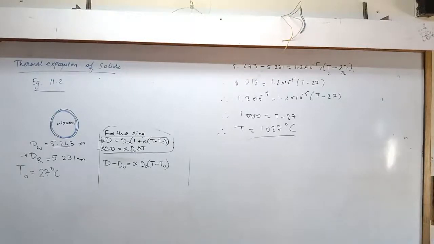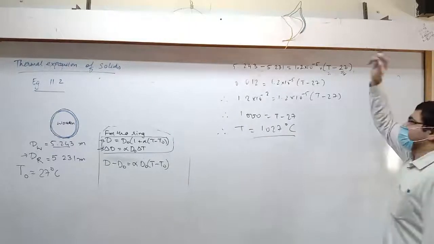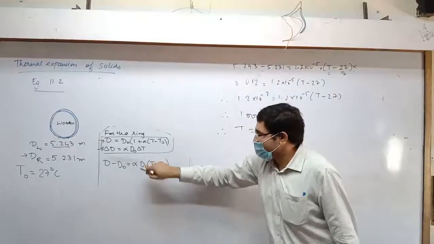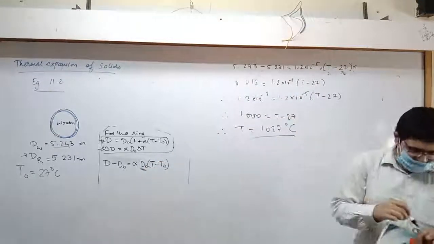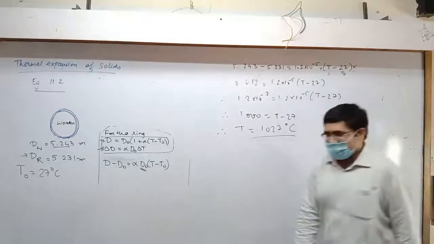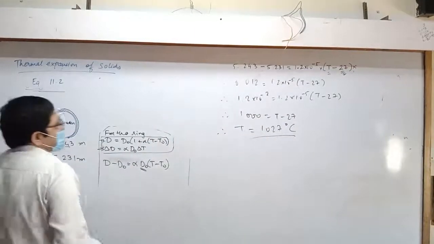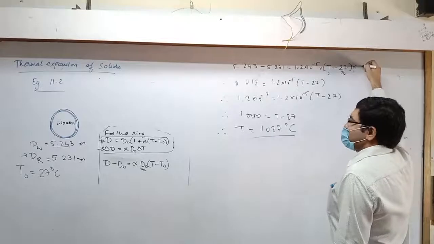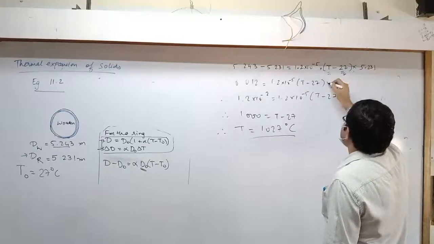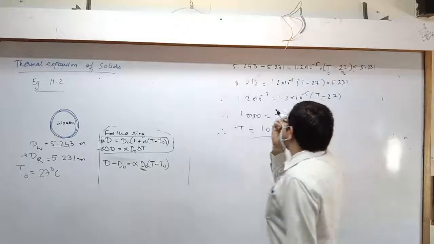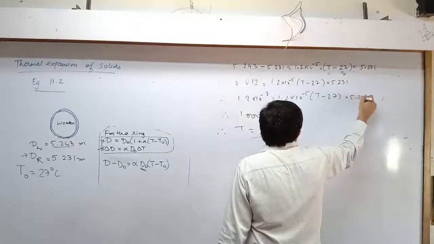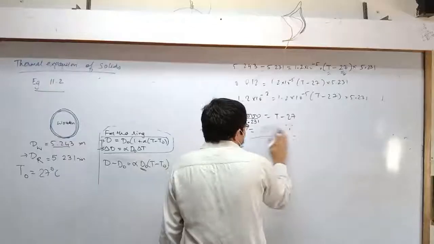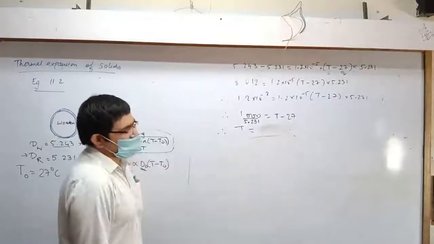Understood? Wait, I have to take D0, I'm sorry here. All of this is wrong. So here if we write D0, that is 5.231, into 5.231 and similarly into 5.231. So here we divide by 5.231. Okay, so the earlier answer is wrong. We have to do 1000 divided by 5.231.